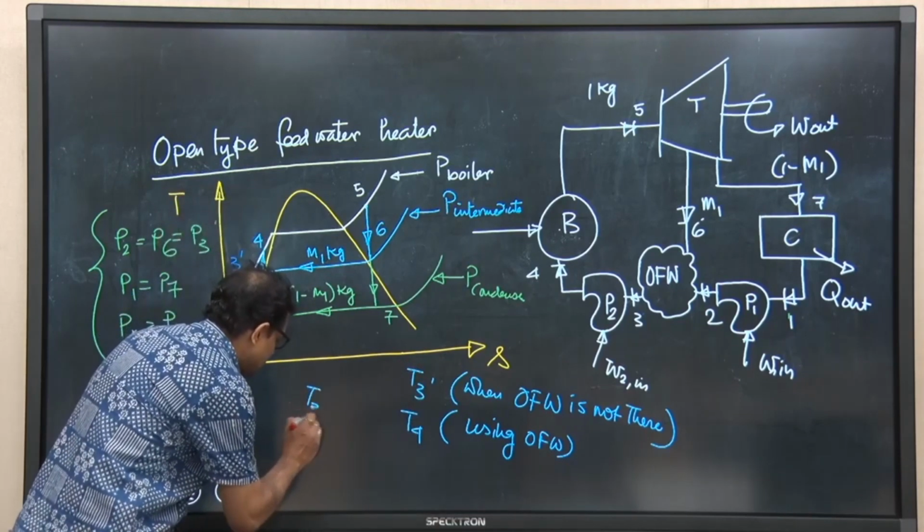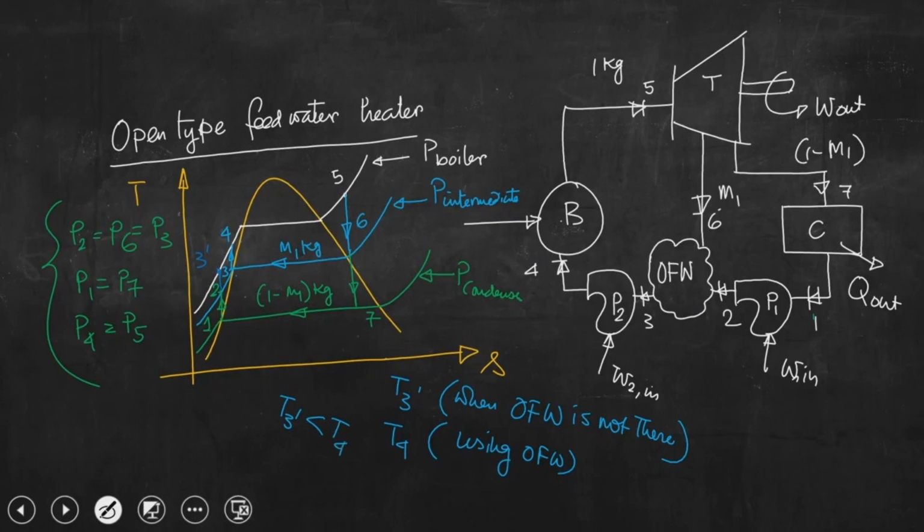Definitely this T3 prime is less than T4. So, it is because of this increase in temperature, by making use of this arrangement, that the efficiency of the regenerative power cycle can be increased. That is the objective of having such an arrangement.